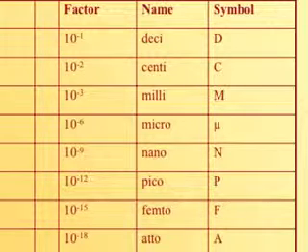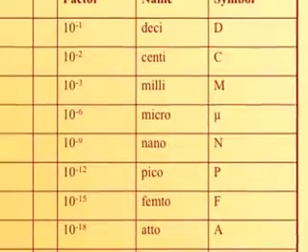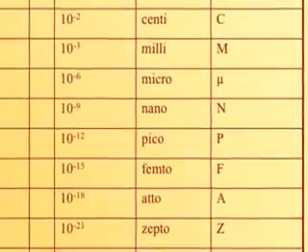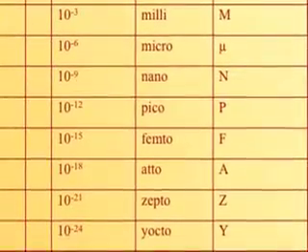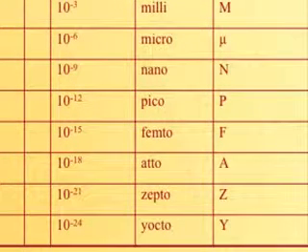That takes a very short amount of time, so you need very small units to do that. Now, I have not seen anybody use zepto or yocto yet. But atto, we've gone all the way down to the atto.